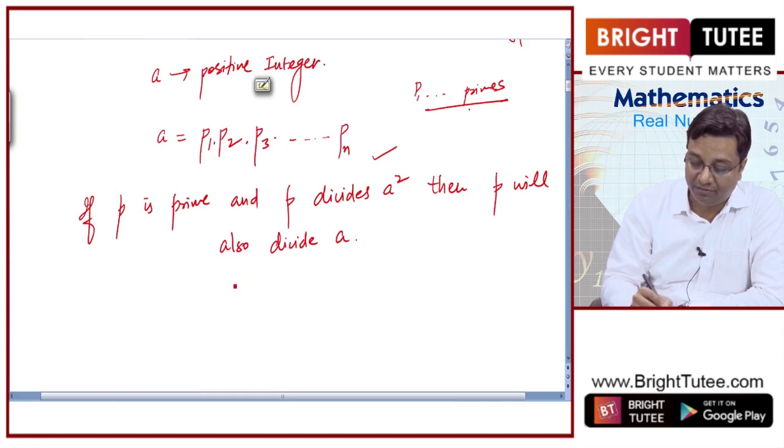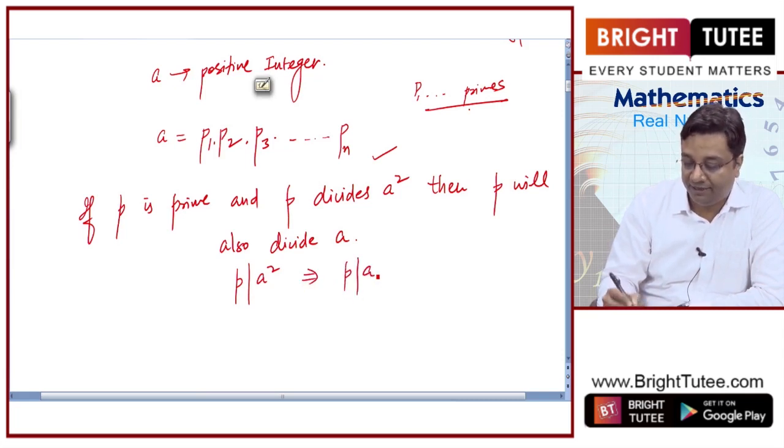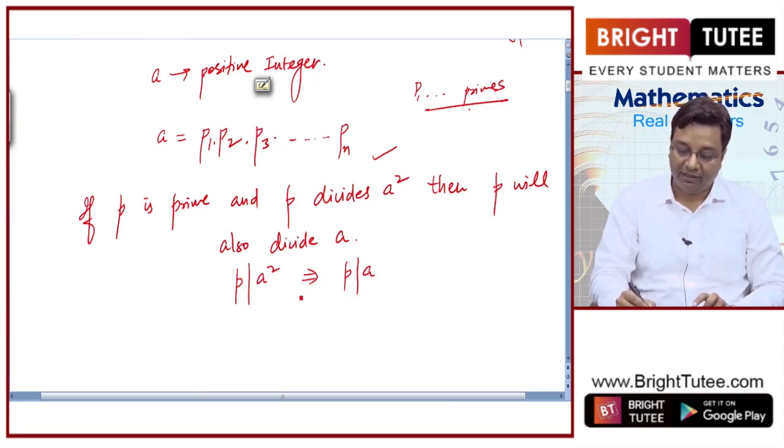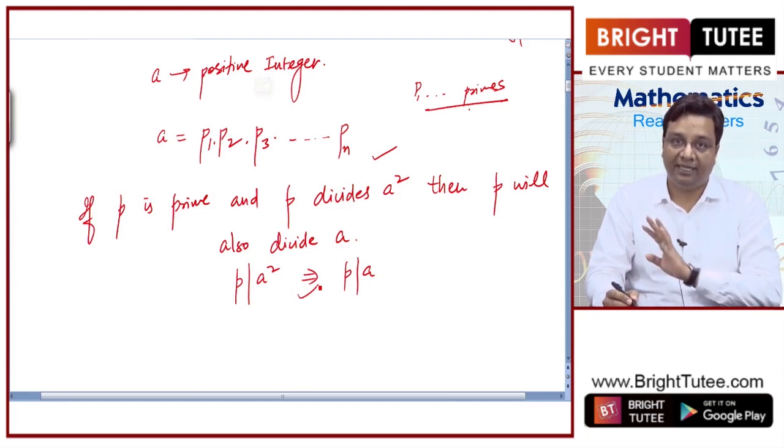If I have to write it mathematically, then I will say P divides A square will imply that P divides A. Okay, this vertical line is for P divides A square, then this implies that P divides A.